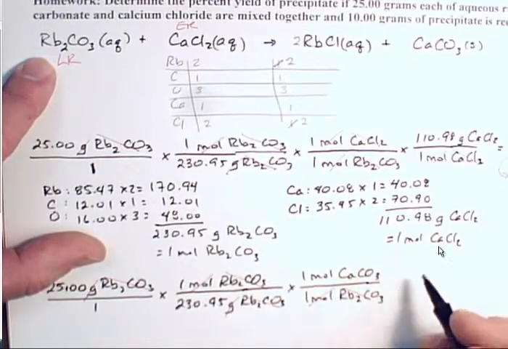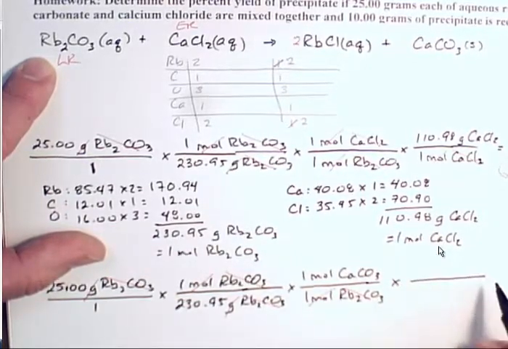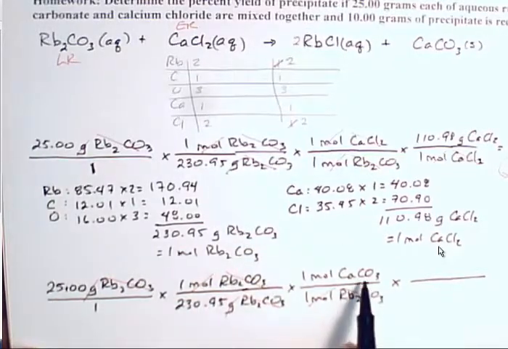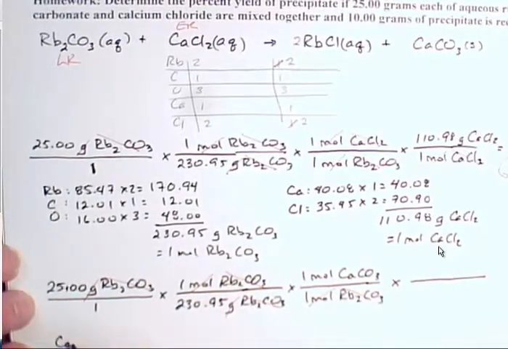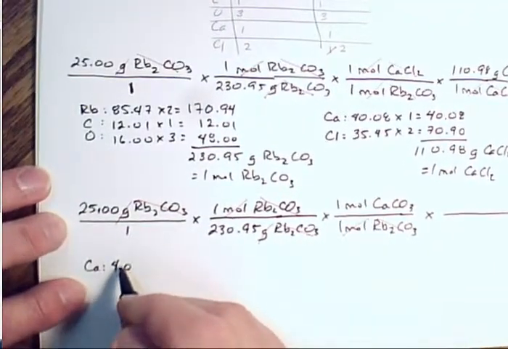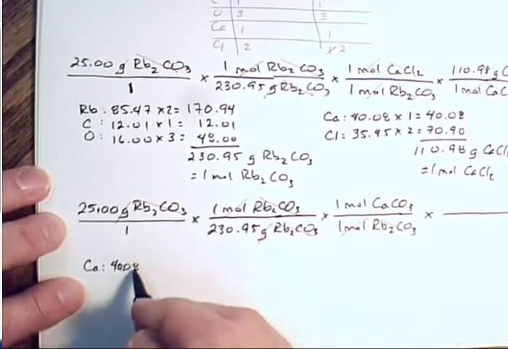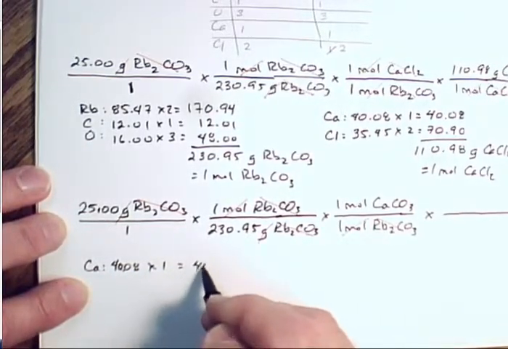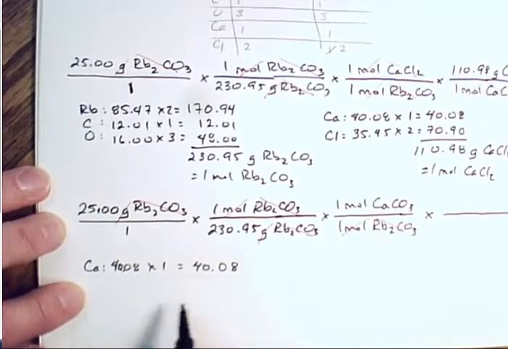And now we're ready to calculate the amount of product. So we've got to have a molar mass calculation for calcium carbonate now. Calcium has an atomic mass of 40.08, and we've got one of those, so that's 40.08.